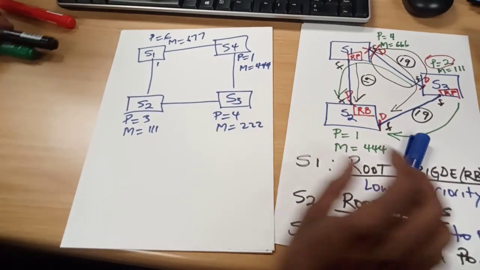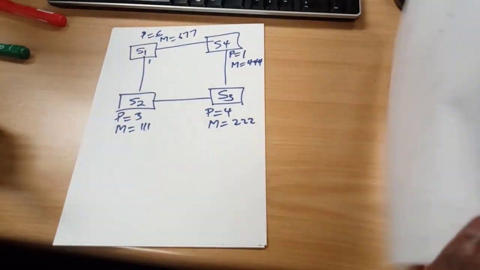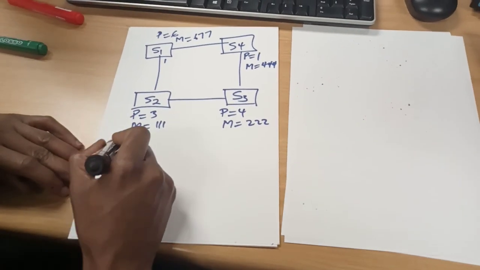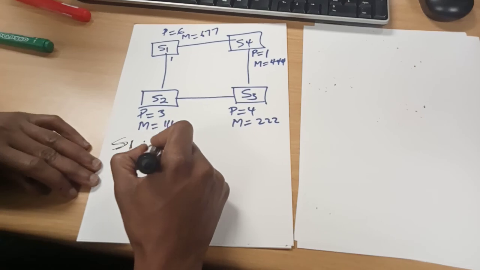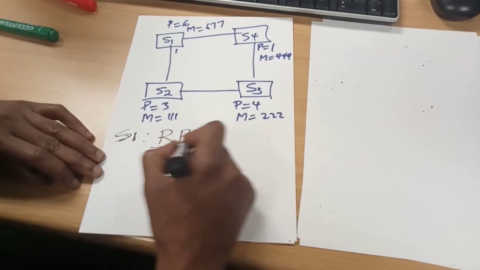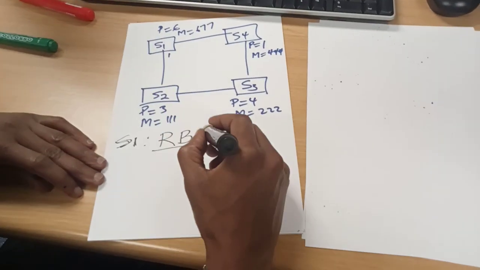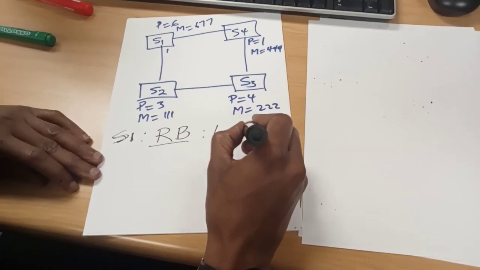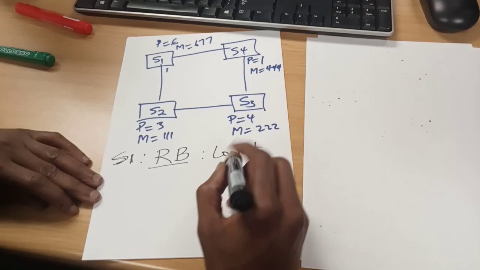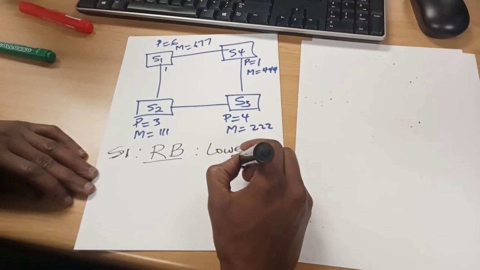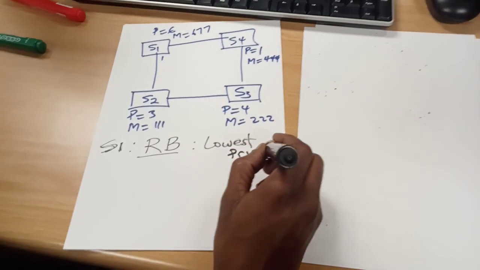Now, what we're going to do is go for step number 1. Remember, guys, step number 1 is what? Root bridge. We're going to look for the root bridge, right? And for the root bridge, we have to look at the lowest priority.